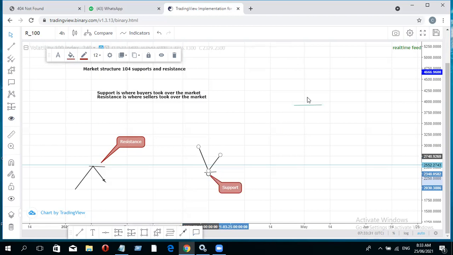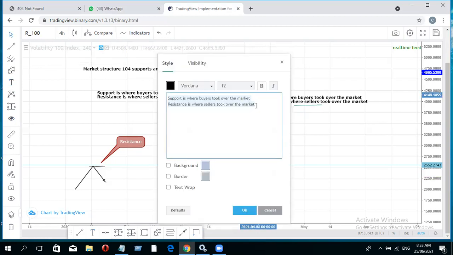I want to make a point that there are support and resistance levels in every time frame, but the most important ones are those on bigger time frames. You can ignore the smaller ones because they can easily break.